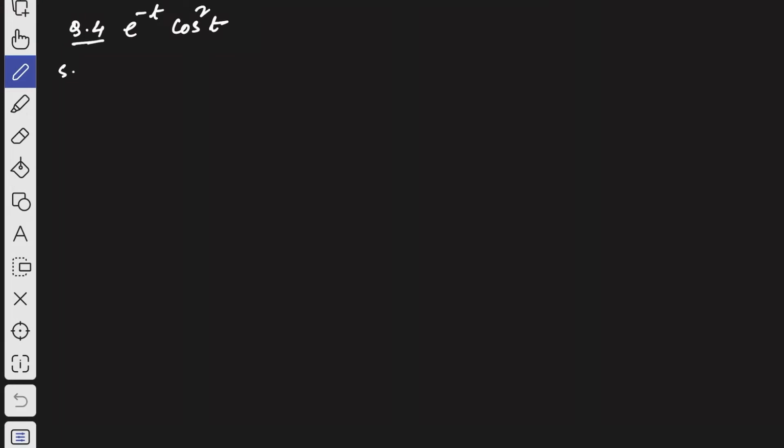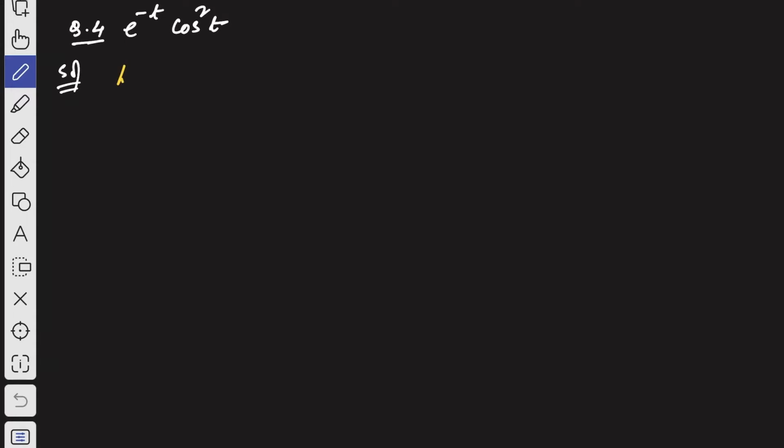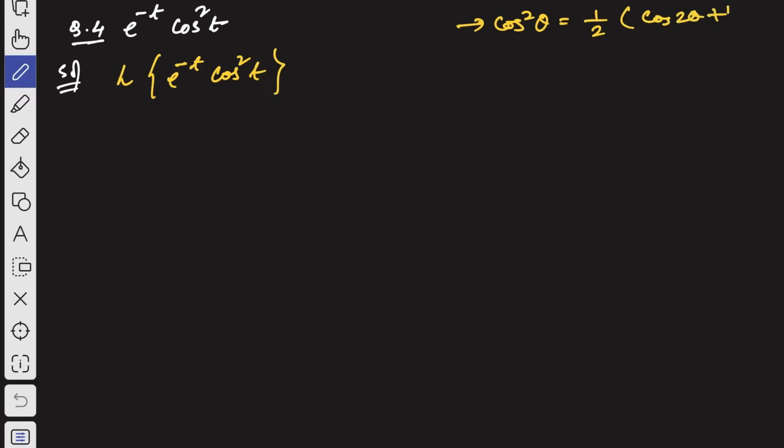Here let us solve question number 4. So here we are going to find the Laplace transformation of e to the power minus t into cos square t. Before we solve this, we are going to apply this identity: cos square theta is equal to half into (cos 2 theta plus 1).